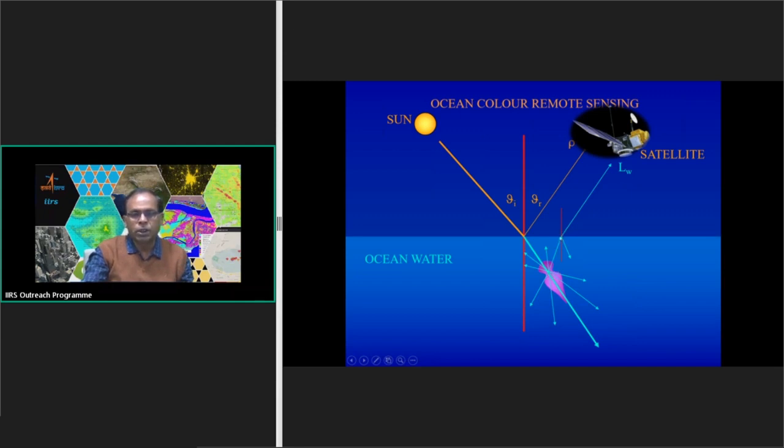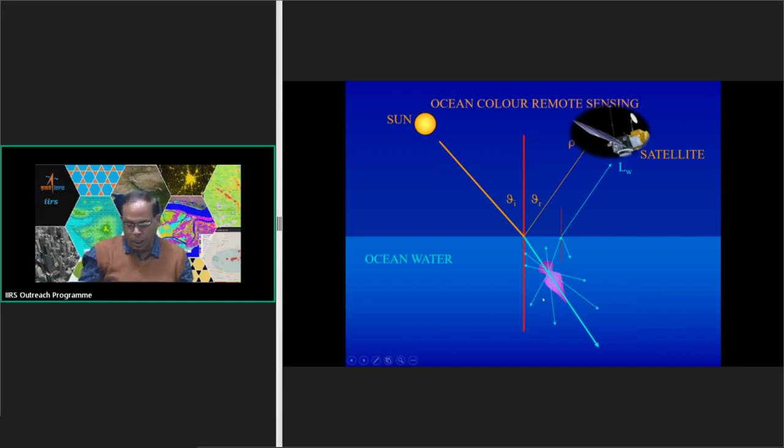Again, specular reflection will take place at the water-air interface, and again the light will be refracted and will transmit through the atmosphere, which is known as LW. This LW contains information about the water quality parameters like phytoplankton, suspended sediment, dissolved organic matter, etc.